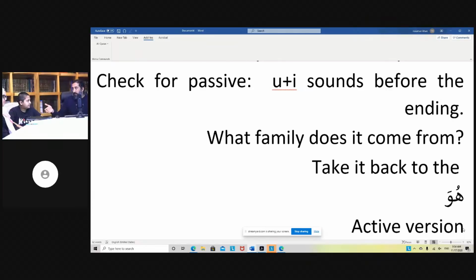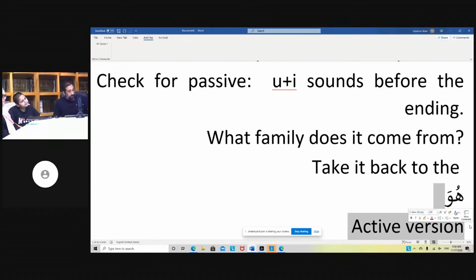How do you say the Aslama family? What's the first word you say in the Aslama family? Aslama. What's the first word in the Allama family? Allama. What's the first word in the Jahada family? Jahada. All those first words are the hua active version. So when I say hua active version, I mean the first word in every family. So if you find a word, you have to take it back to that hua version. Then you can see who it matches.